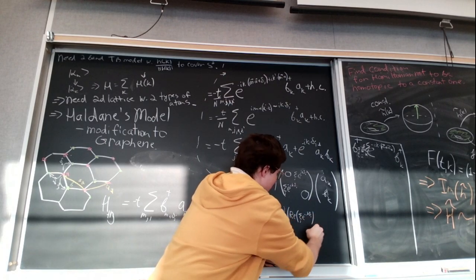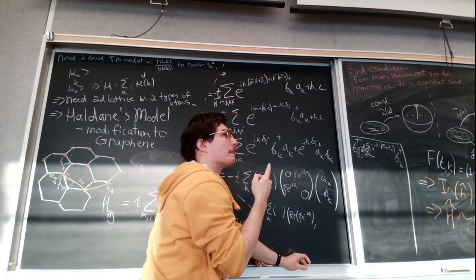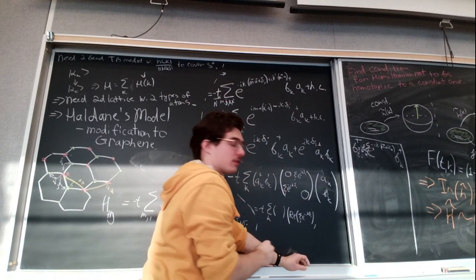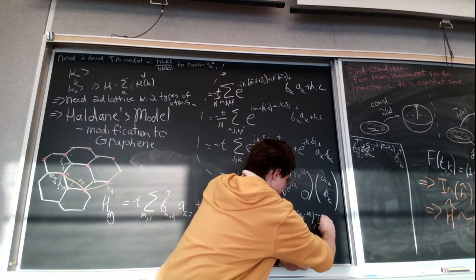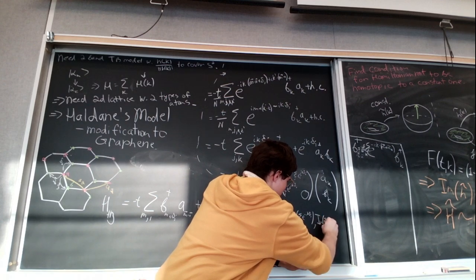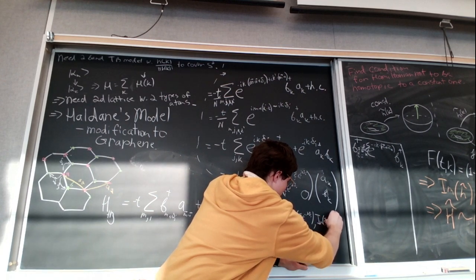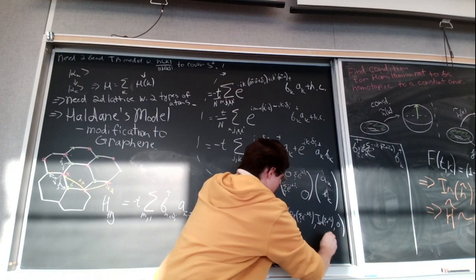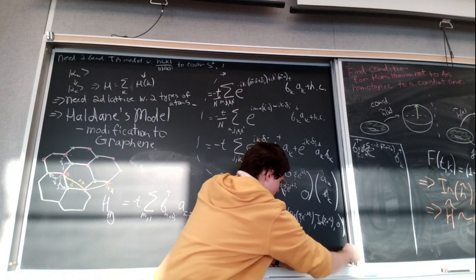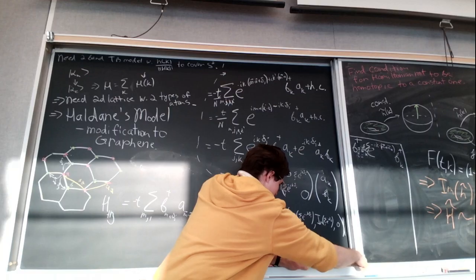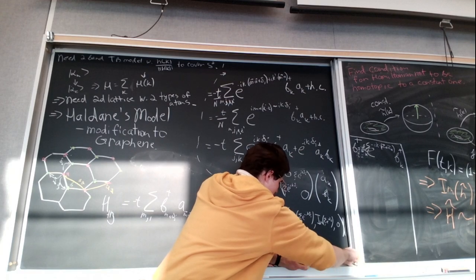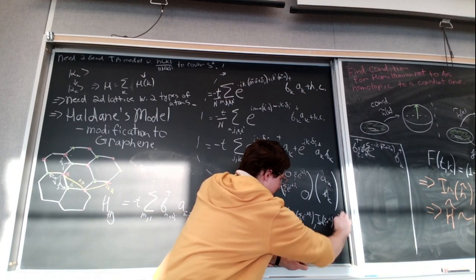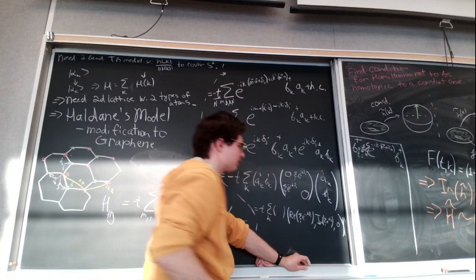And the sigma y part is going to be minus the imaginary part of this sum. And then the sigma z part is 0, because I have nothing on the diagonals. Do you agree?